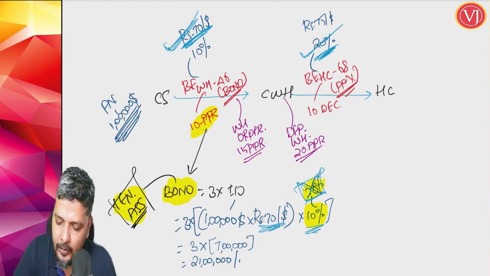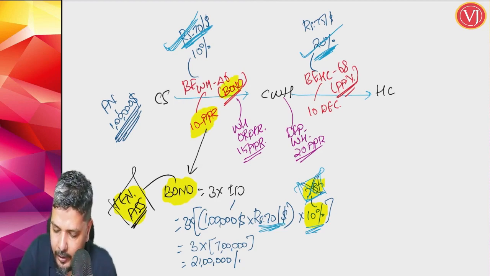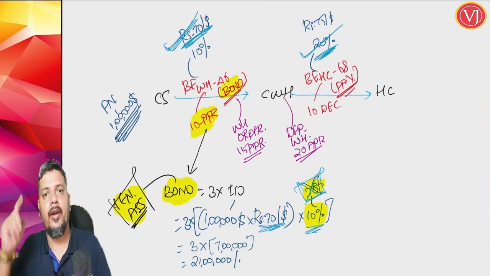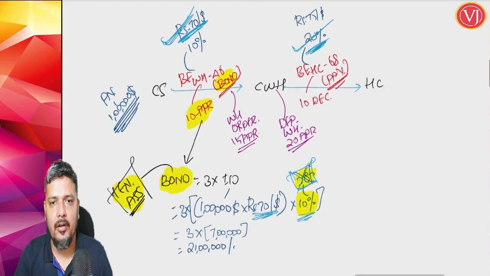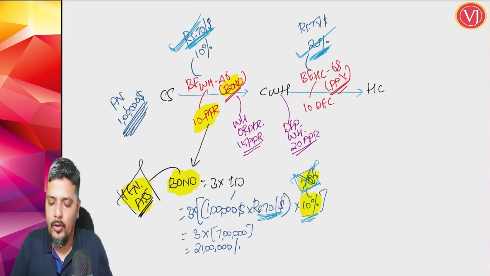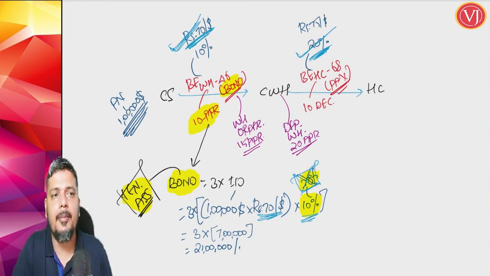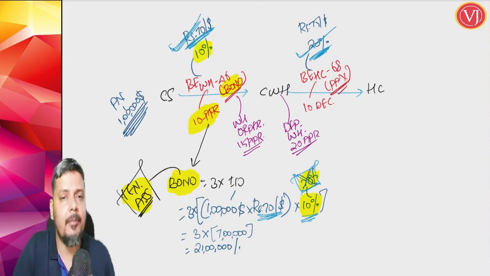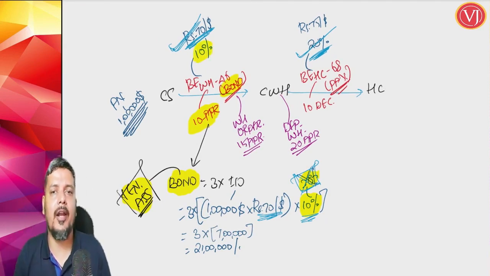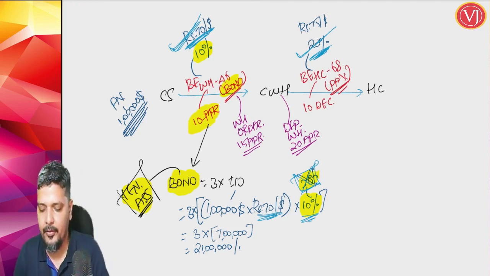But bond is executed today. So you cannot wait for that 20% to come. You are going to execute the bond on 10th April. On 10th April, the rate is 10%. You don't know what is going to be the rate later. Are we clear with this concept?